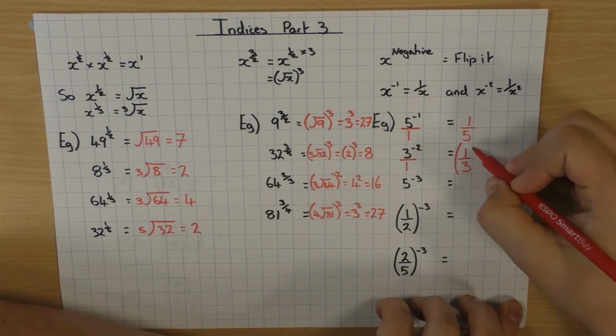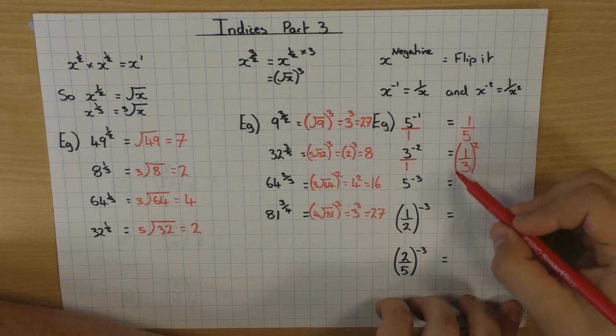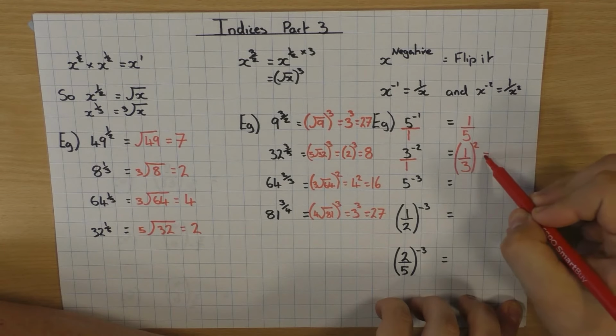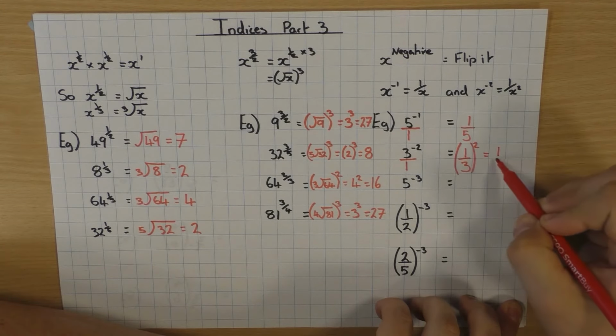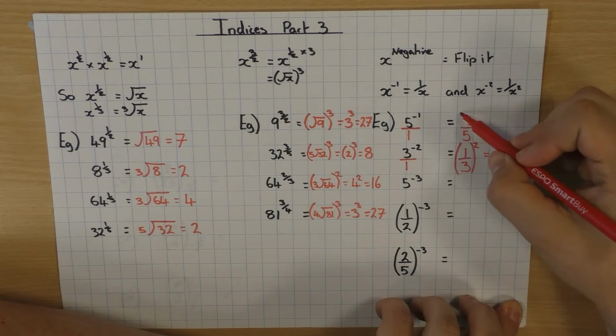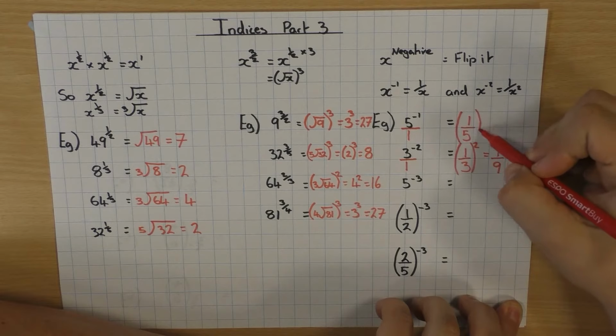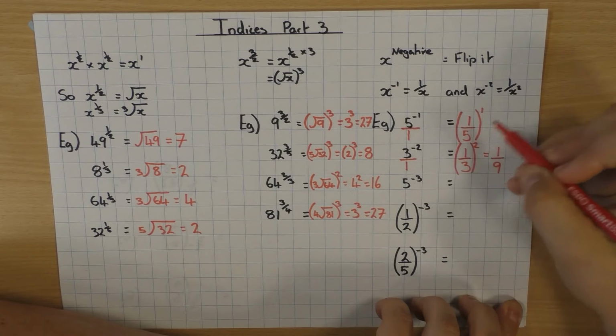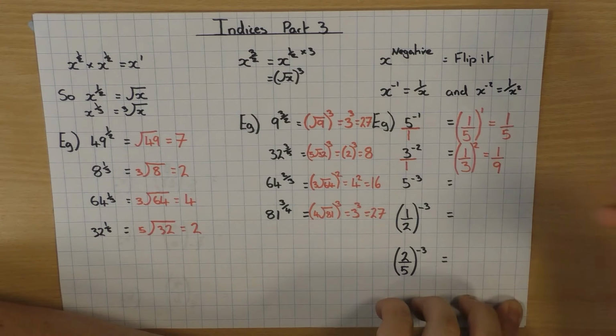So technically what we need to do is square everything. Well, 1 squared is 1 and 3 squared is 9. The reason why I didn't do it here, you might have already guessed it, is if I was to do that, it would be to the power of 1. Well, anything to the power of 1 is just the same, so it stays exactly the same. But if you wanted to, you can do it like that.